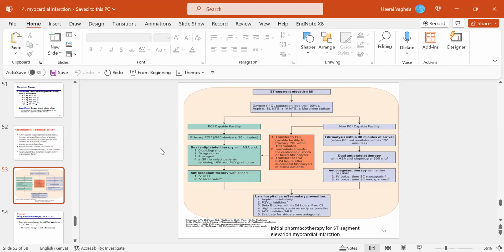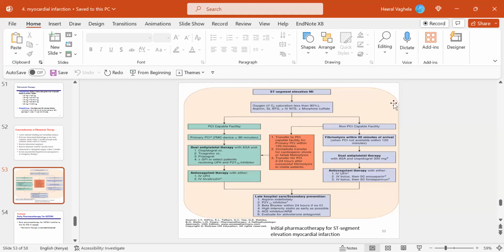Then you also give anticoagulant therapies like unfractionated heparin or bivalirudin, which is a direct thrombin inhibitor, I think. Yeah, direct.